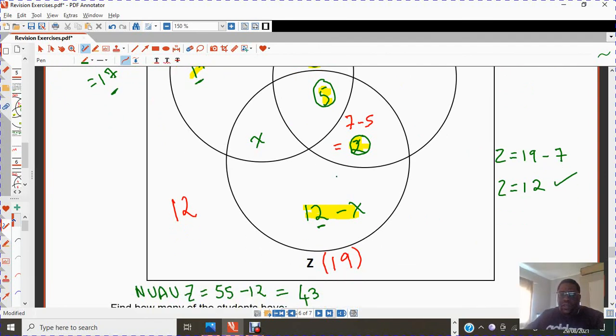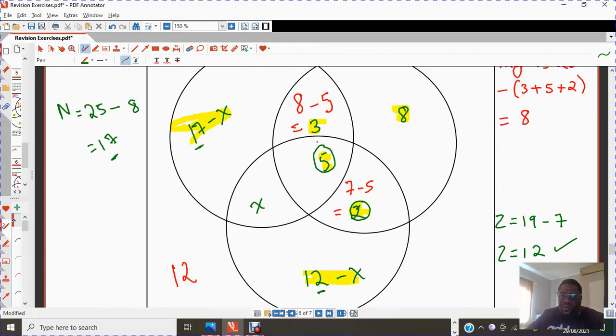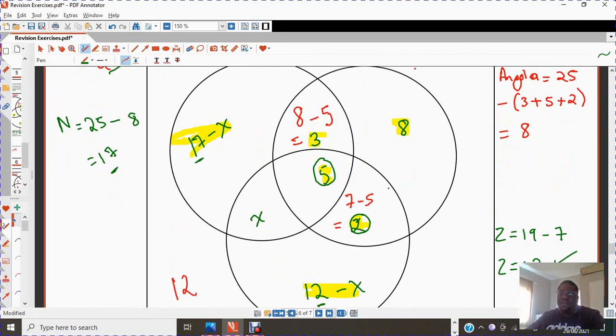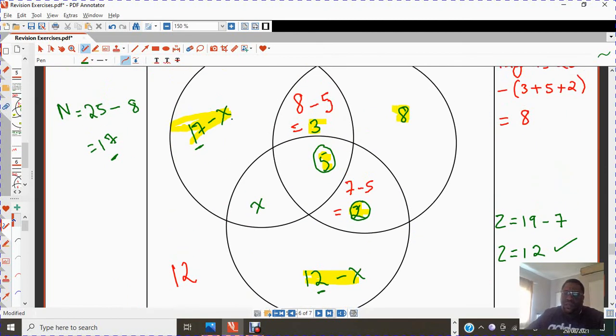And also, this one is quite important. The universal set is 55. Take away the 12. That's going to give you the number of learners or students who have Zambian nationality plus Namibian nationality plus the Angolan nationality. That unknown that you're looking for will always be represented by an x, and then the other stuff will be 12 minus x and 17 minus x.